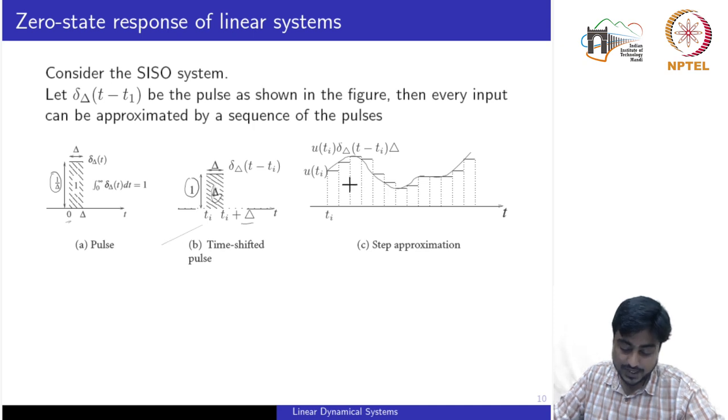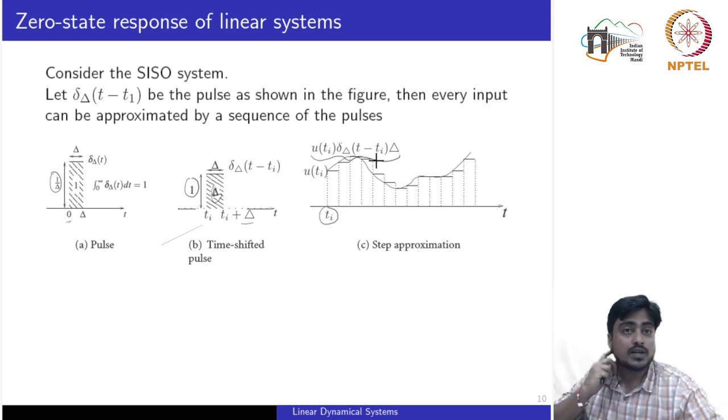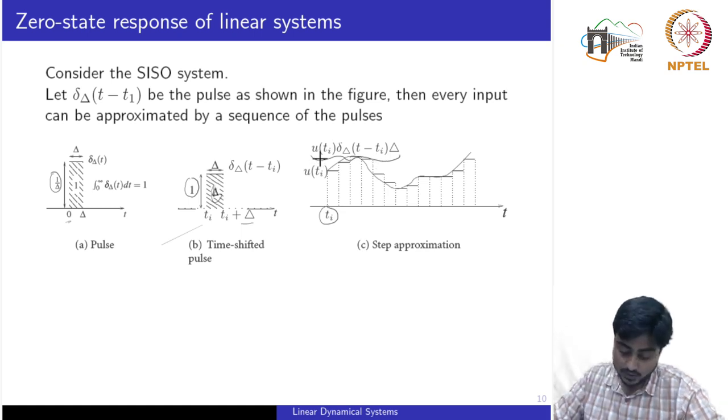So now if we take any input signal, which is a continuous time signal, and we multiply that signal with this pulse, and we need to know the value of the input signal at time ti, then this input variable is defined by this equation, u of ti into delta of capital delta t minus ti into delta, and we know that this part is equal to 1, right?